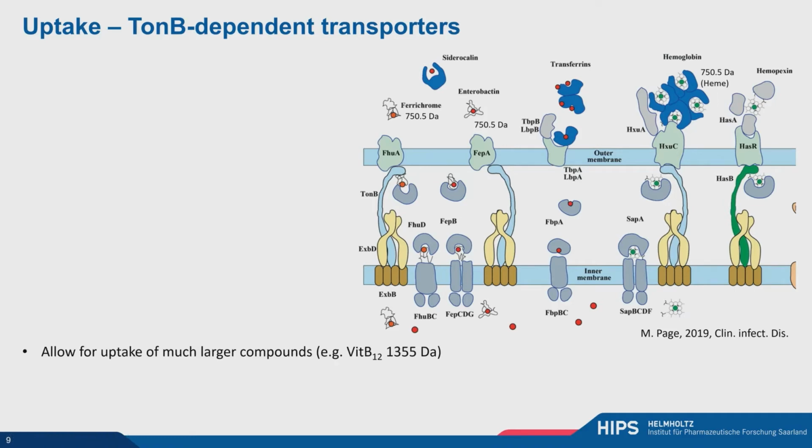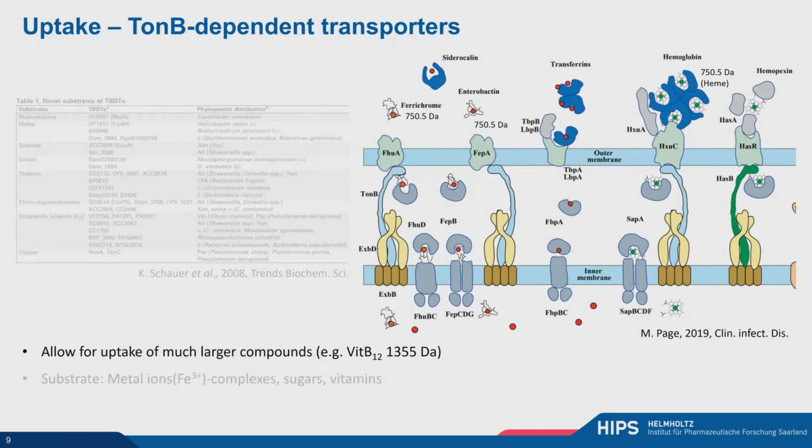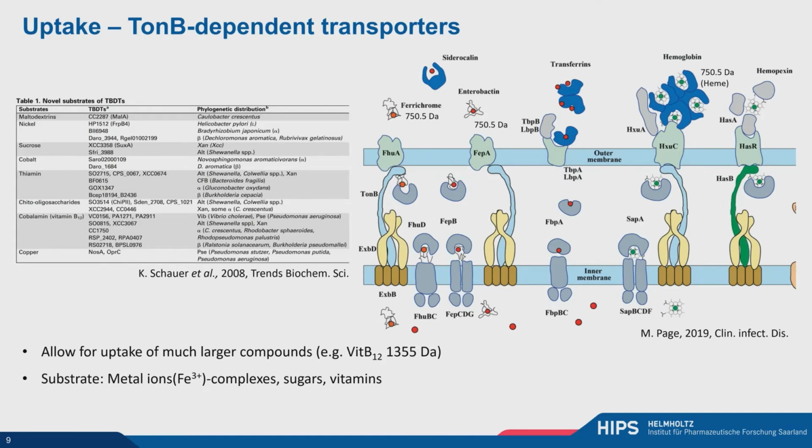So if making the molecule smaller is no option, maybe it's okay to keep the molecule at around 600 Dalton, because what we see here is, when we compare the molecular weight cutoff of the porins to the efflux efficiency, that it drops at around 600 Dalton. At 550 to 600 Dalton, these compounds do not get so much efflux anymore.